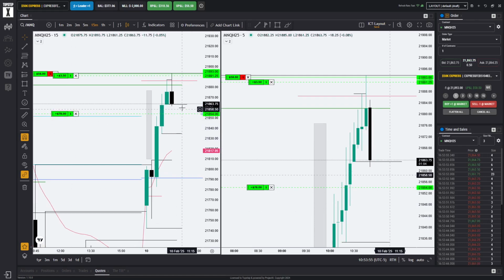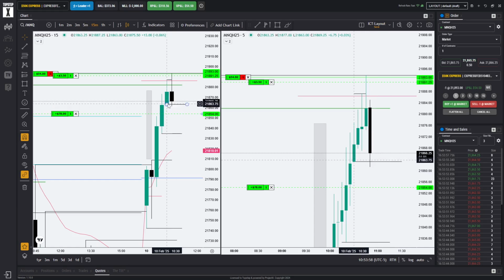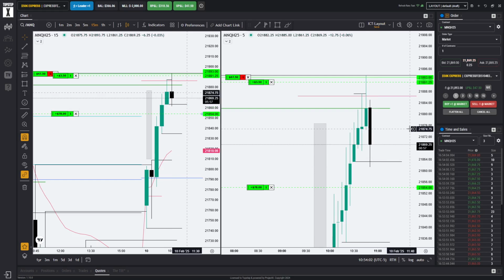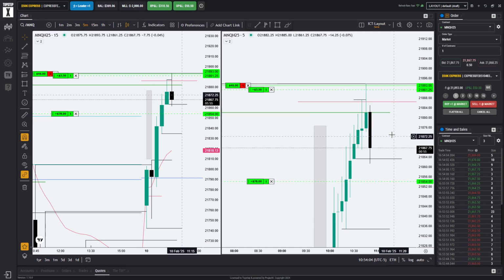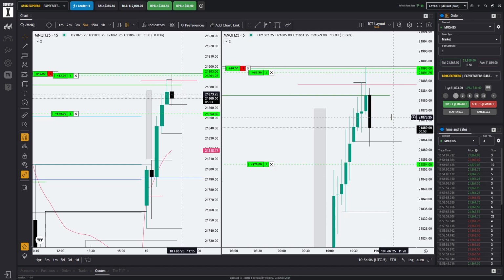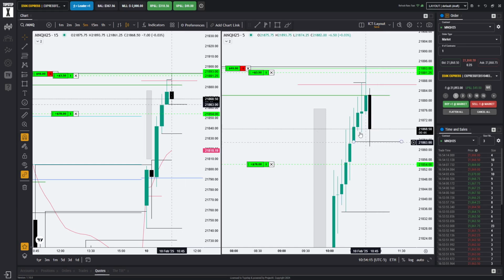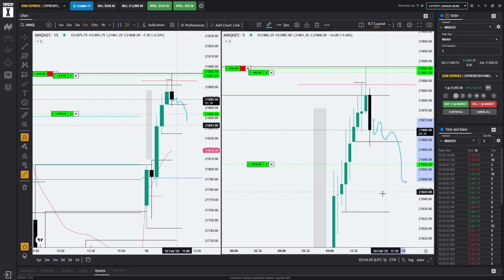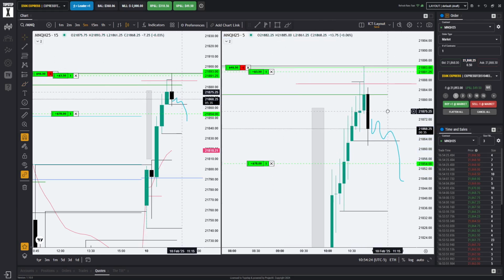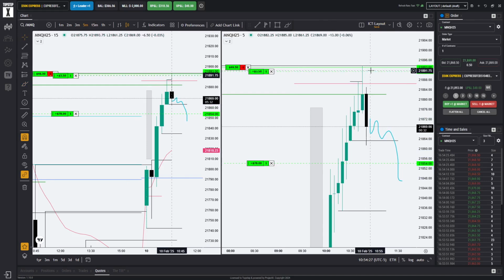Because if we drop down here, well, we already took that 15. Immediately buying. That's like a minimum target, really. The problem is we might just hang around before we go lower. But my entry is already good, so.